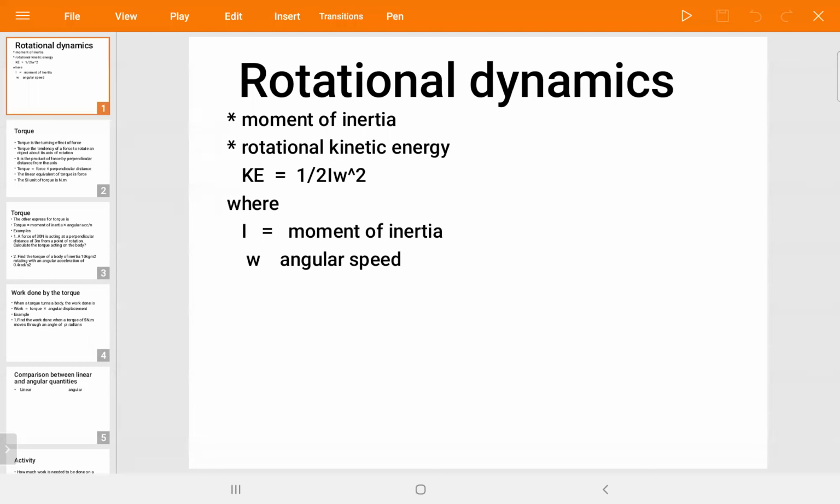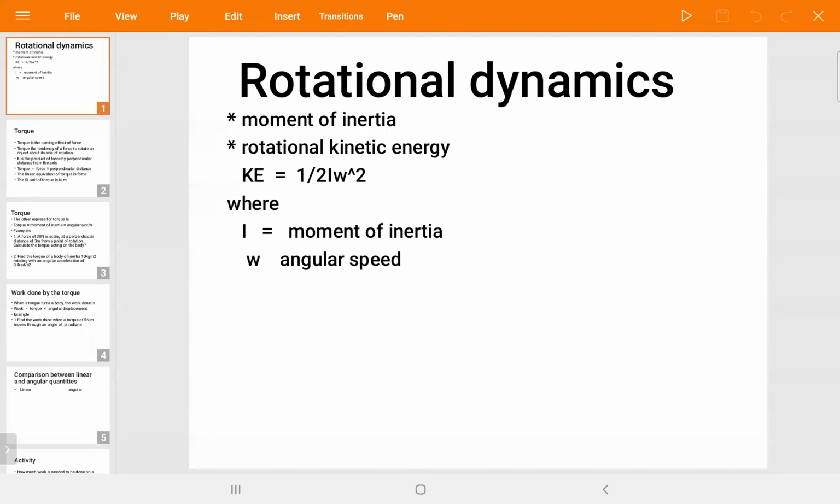And a sphere with the same mass may have a large size or a small size. So based on the size of an object, the moment of inertia varies. Based on this, we have a defined mathematical expression for a sphere, which is 2/5 mr square, where r is the radius of the sphere.